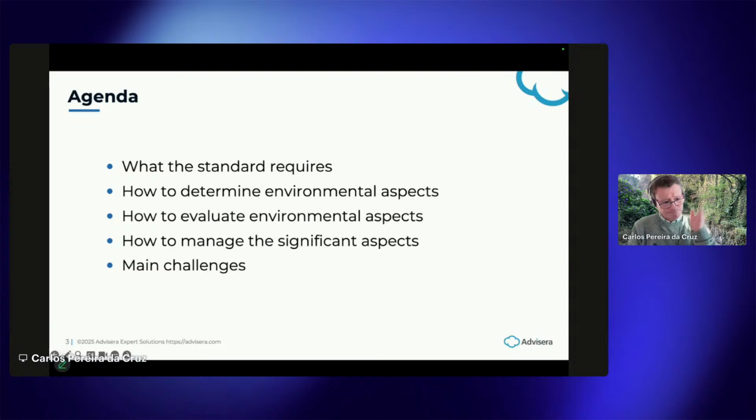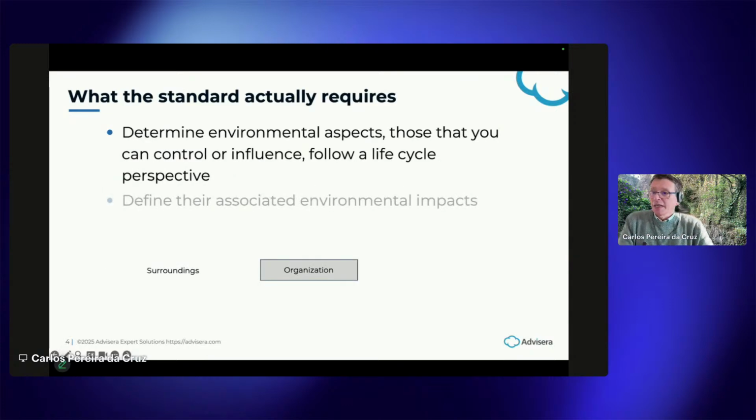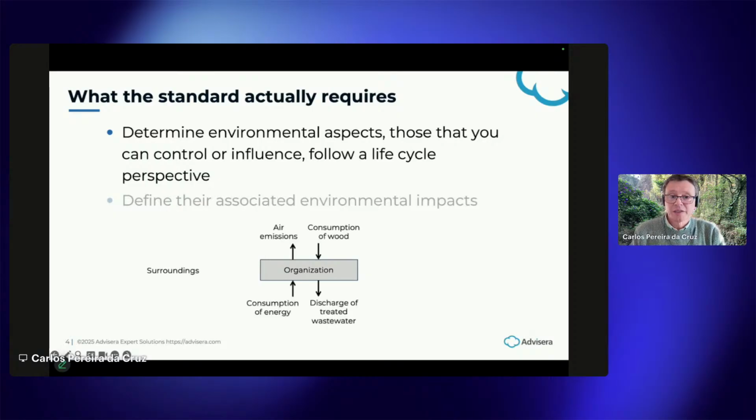Okay, so let's go. Let's see what ISO actually requires. So you must determine the environmental aspects of your organization's activities, products, and services within the defined scope of the environmental management system. So you only need to consider the aspects your organization can control and those you can influence.